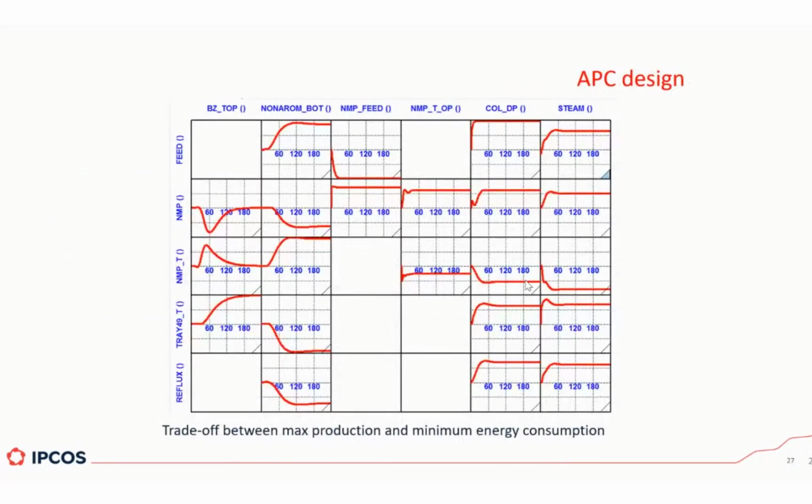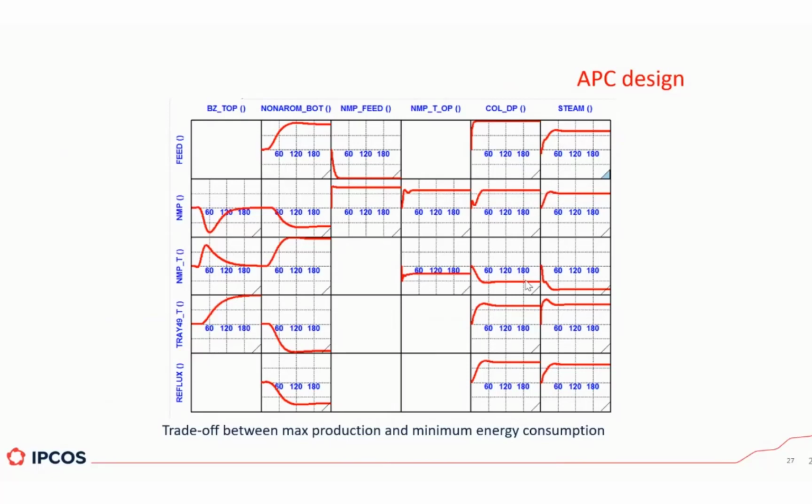So what was this APC application about? Well, you can see here also the time to steady state is even longer. Here they had analyzers that helped know the composition, so we didn't have to create any kind of soft sensor.